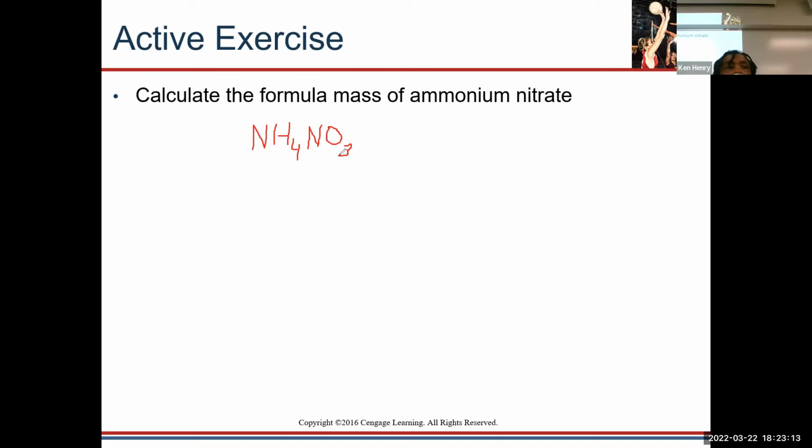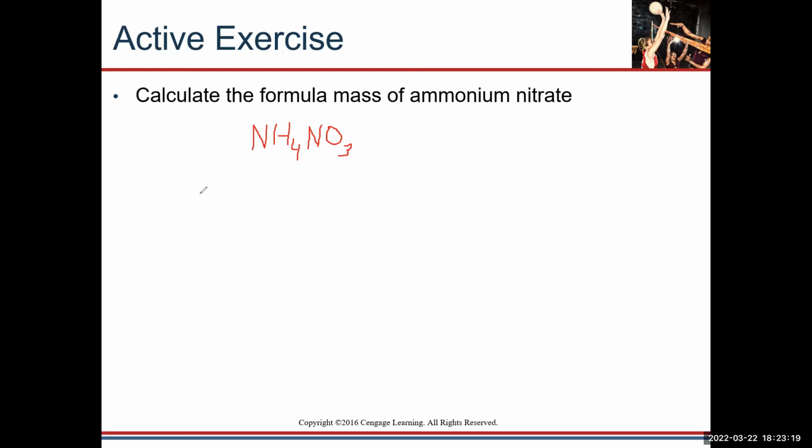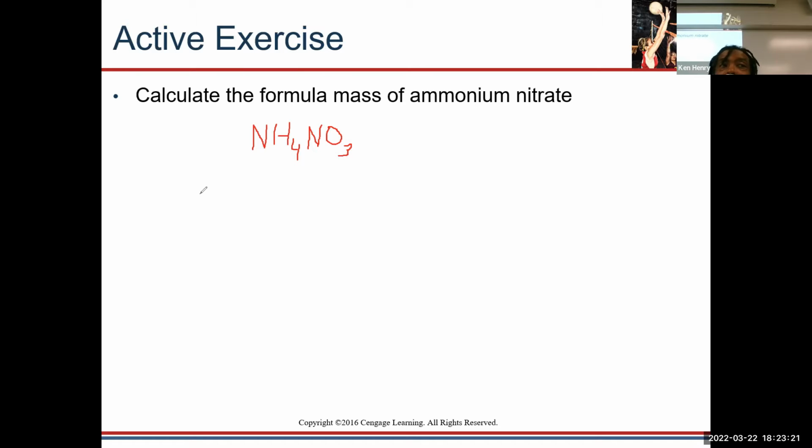So how many nitrogens do I have? I have 2. Nitrogen weighs 14 times 2.